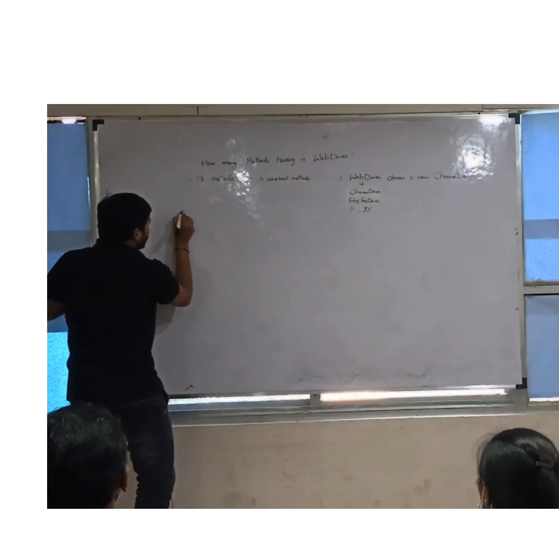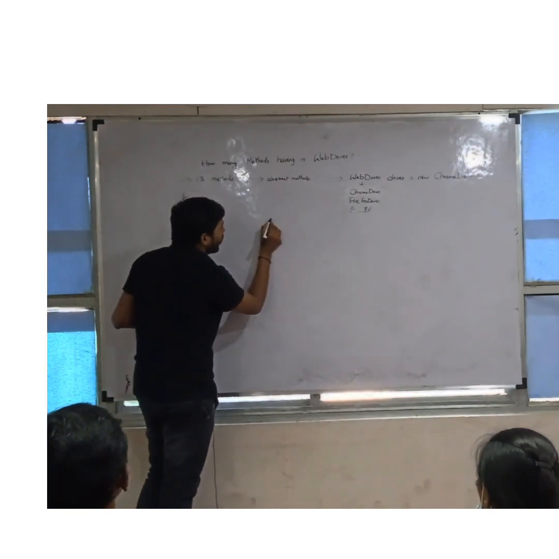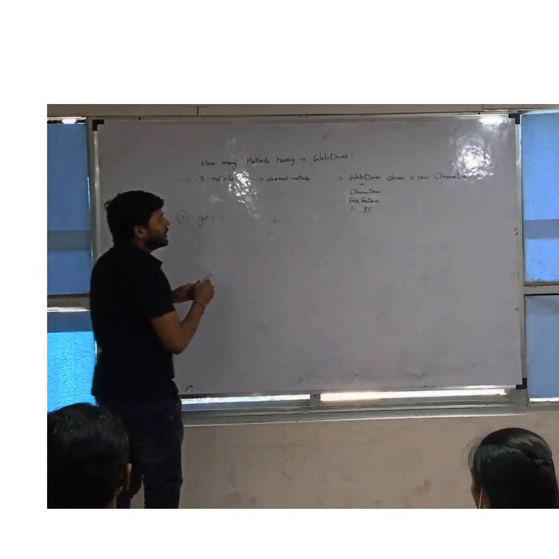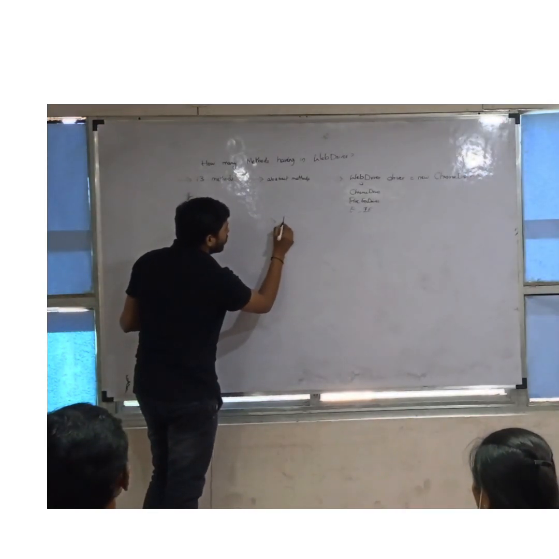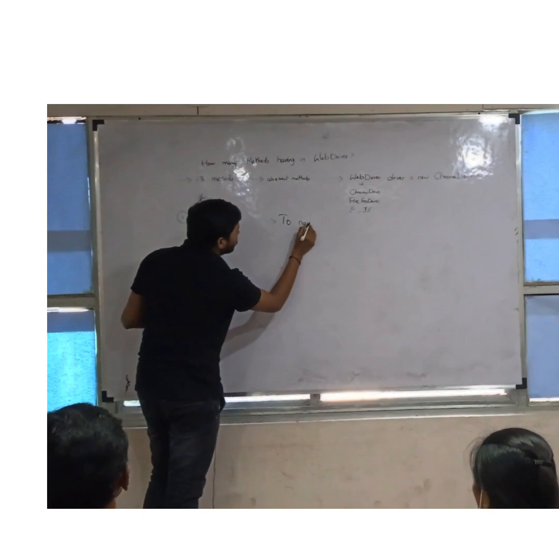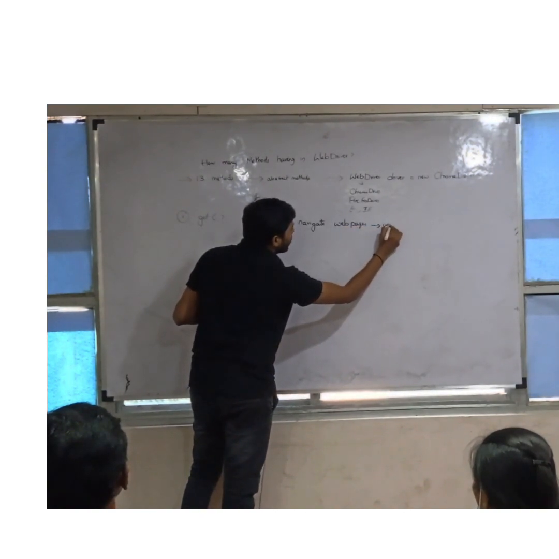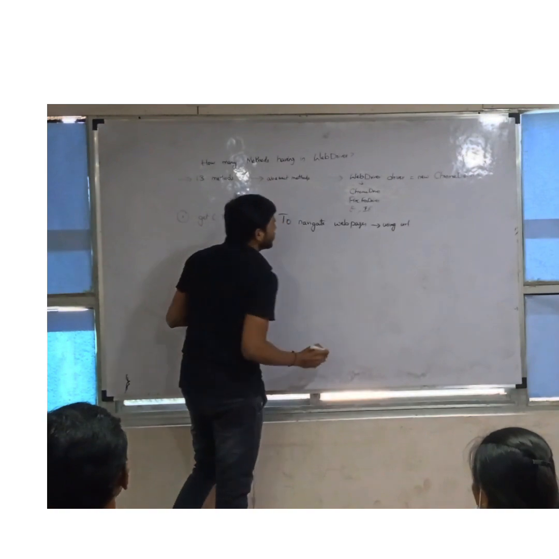Method number 1 is the get method. What is its property? Mainly this get method is used to navigate web pages using a URL parameter.